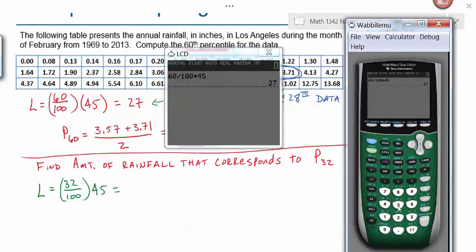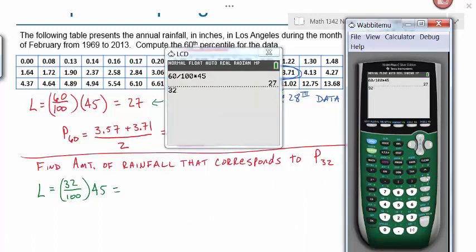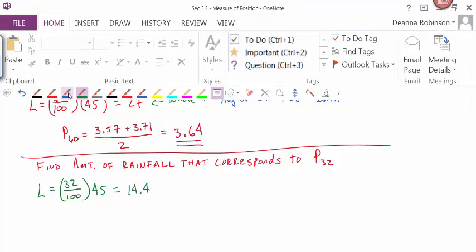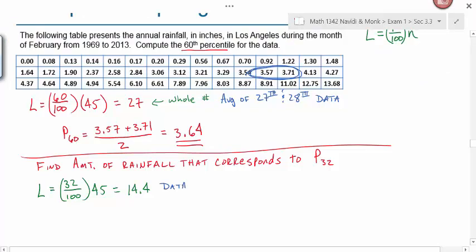Doing this on our calculator, that's going to give us 32 divided by 100 times 45, and we get 14.4. 14.4 is not a whole number, so we round this up to 15. The data in the 15th position is P sub 32. The 15th piece of data happens to be this last number right here. This is equal to P sub 32.